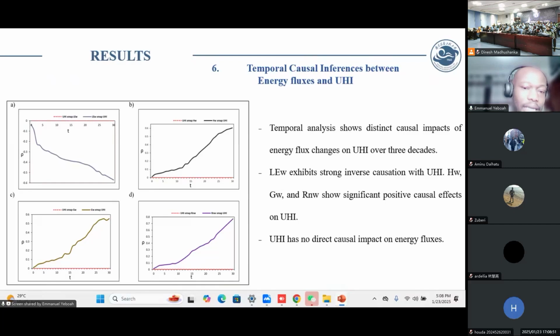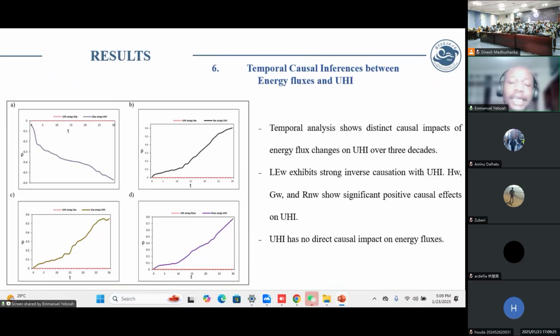sensible heat, ground heat, and net radiation have a positive causal influence on UHI. That means as impervious surfaces expand, or as urbanization becomes more prominent, sensible heat becomes high, latent heat becomes low, ground heat becomes high, and net radiation becomes very high, and thereby influences UHI in the urban canopy.